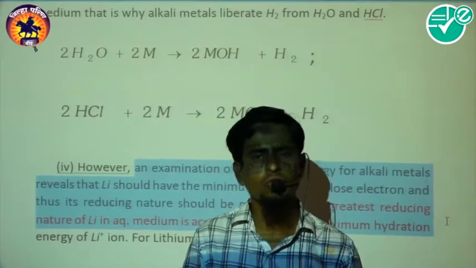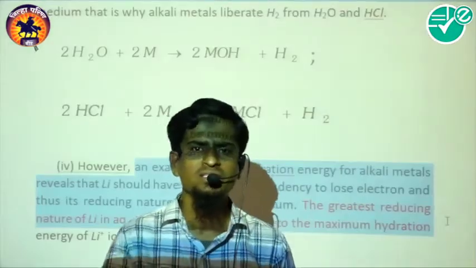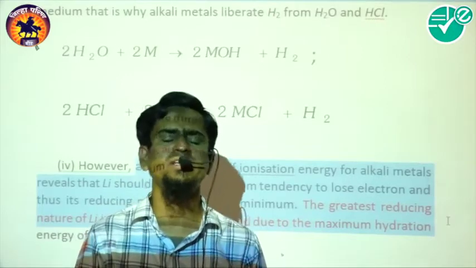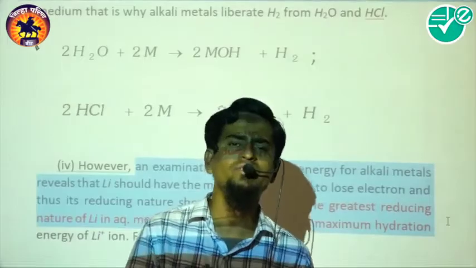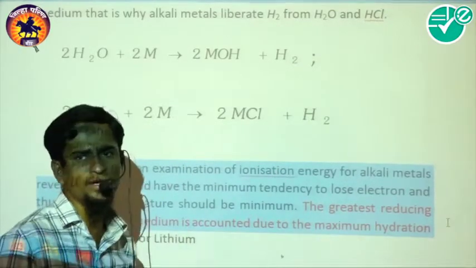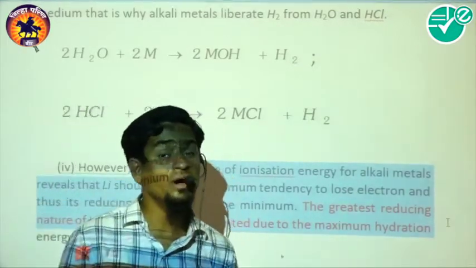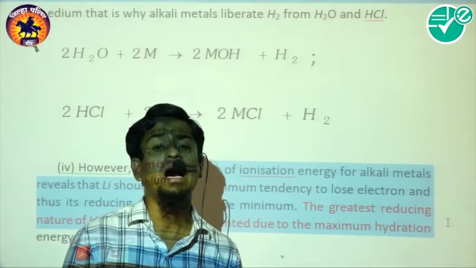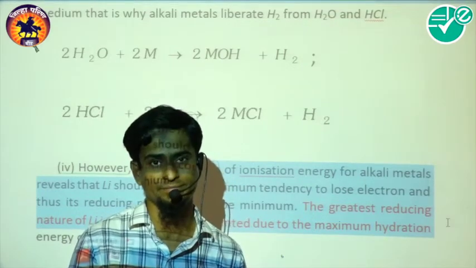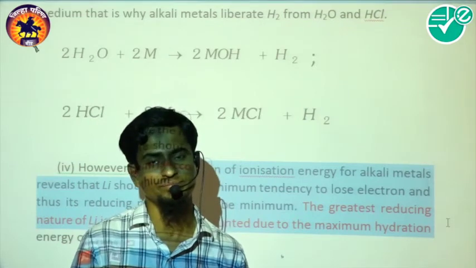So what we imagine, sir, since lithium has a very small size, it is very difficult to lose its valence electron compared to francium or rubidium, right? But still it has the highest value of reducing potential. Why? This is the main concept.